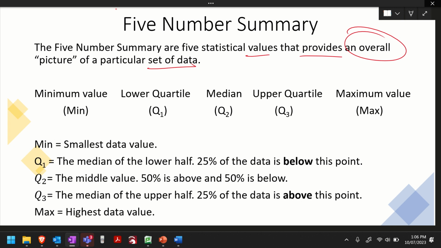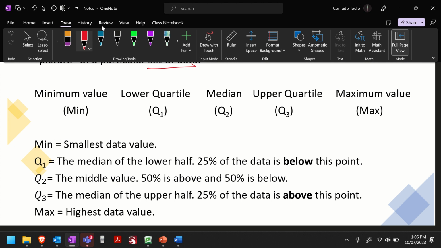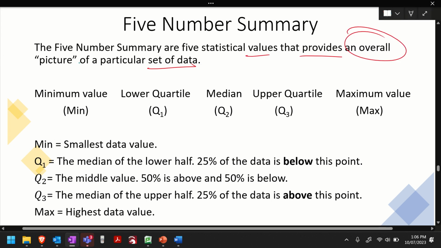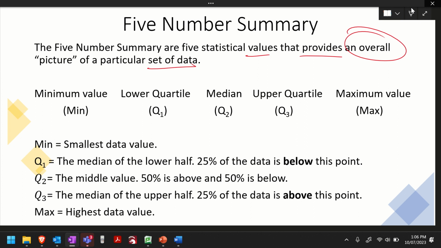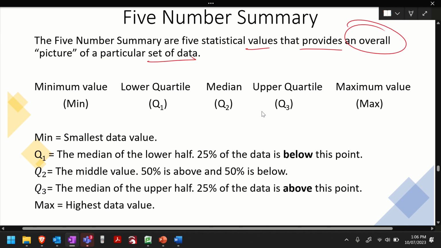And here are the 5 numbers. The 5 numbers you look for start with the minimum. Let me highlight that for you. So what's the minimum? Anyone know what that is? What's the minimum?